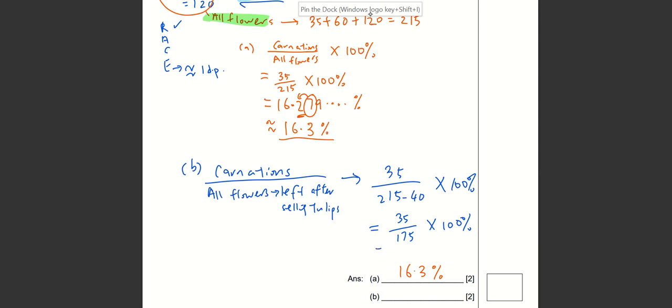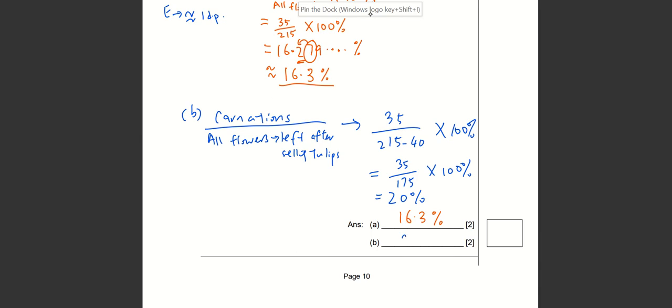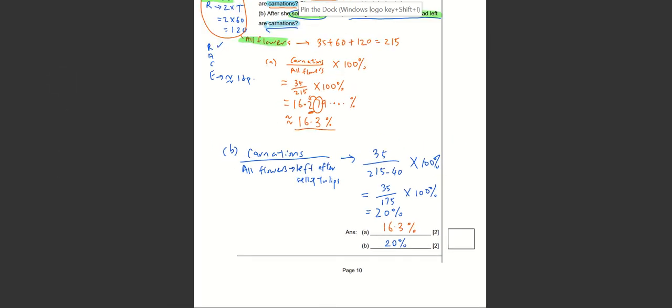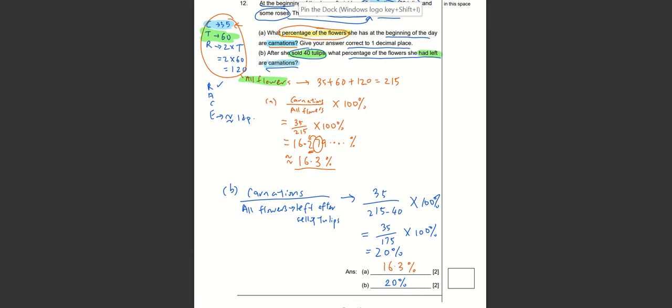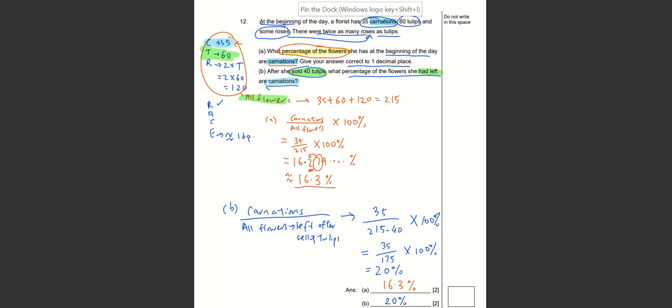And I get 20%. Right, so that's the answer for B. No rounding needed for B, it is exactly 20%. This part again focuses on carnations being asked, but what has changed is all the flowers.